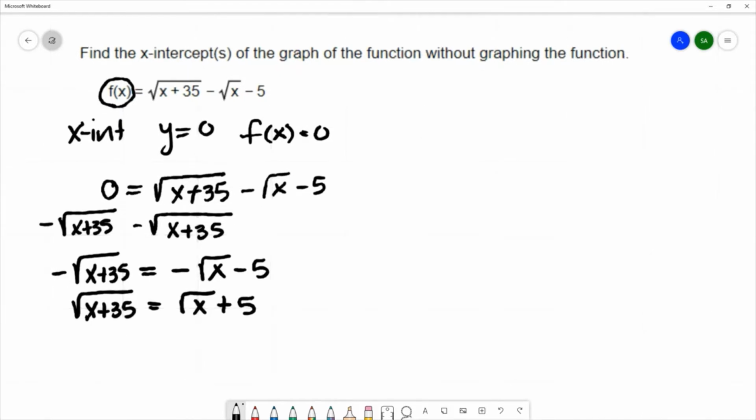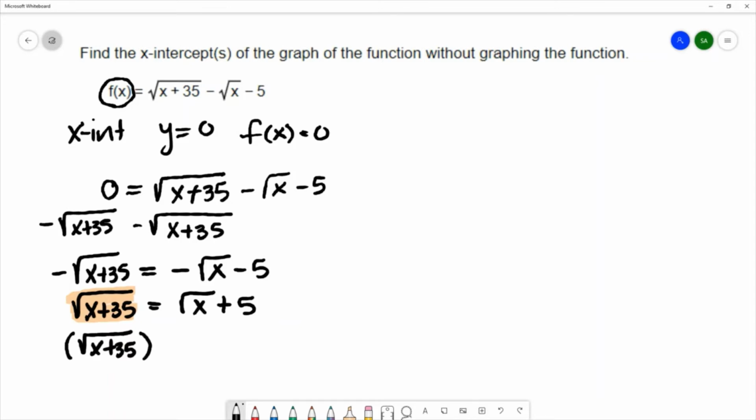And now that I've got this radical isolated on one side of the equation, I'll get rid of that radical. This particular radical is a square root, so to get rid of a square root you would square both sides because squaring and square rooting are opposite operations.